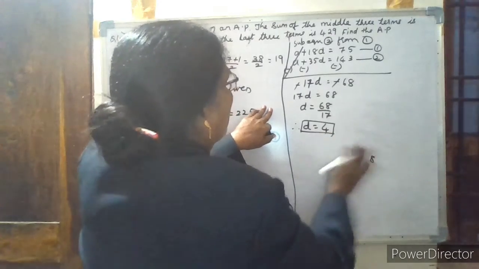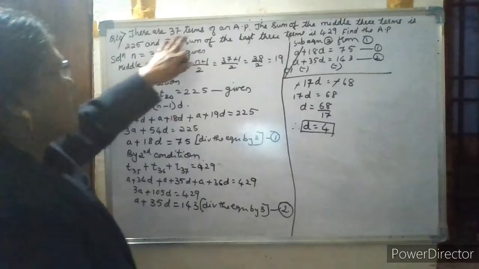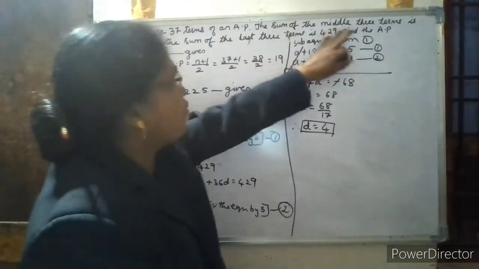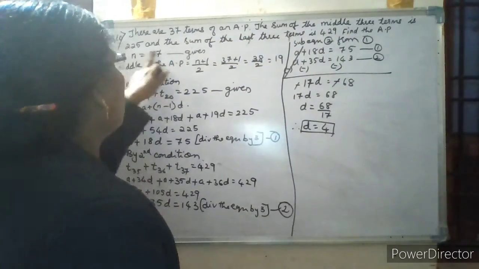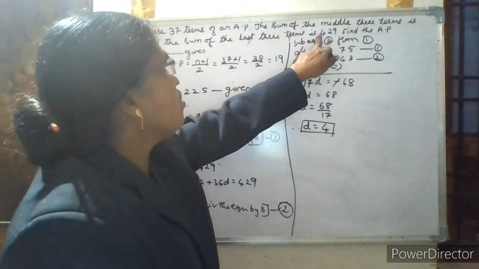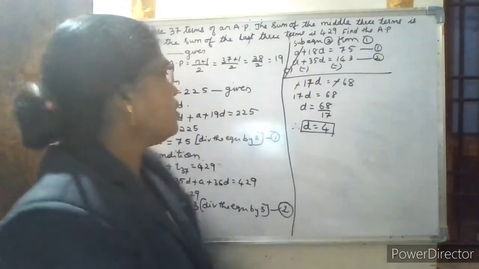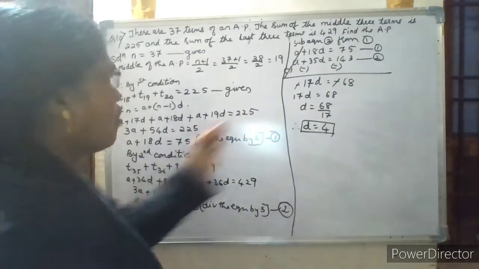Now the question is: there are 37 terms of an AP, the sum of the middle 3 terms is 225 and the sum of the last 3 terms is 429. Find the AP. To find the AP, now that we have the d value, we will find the a value also.